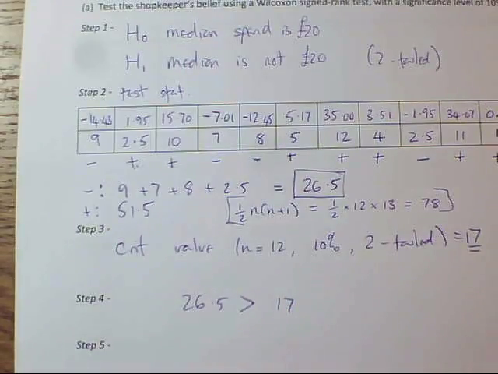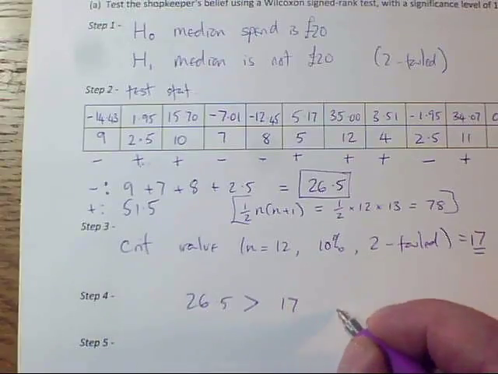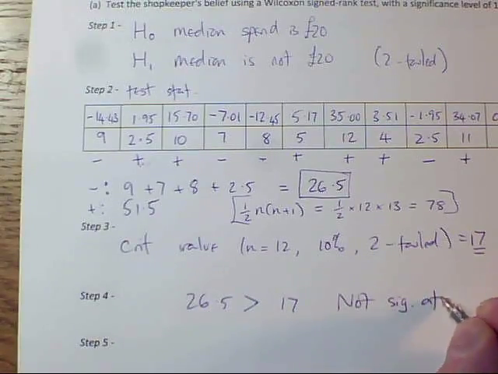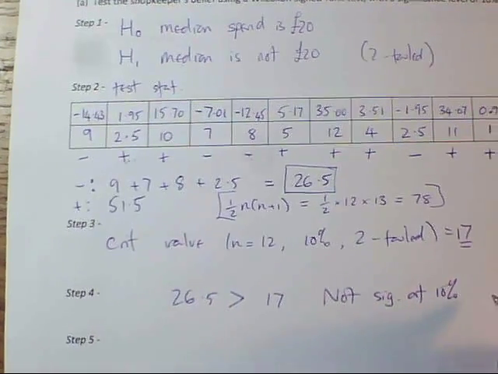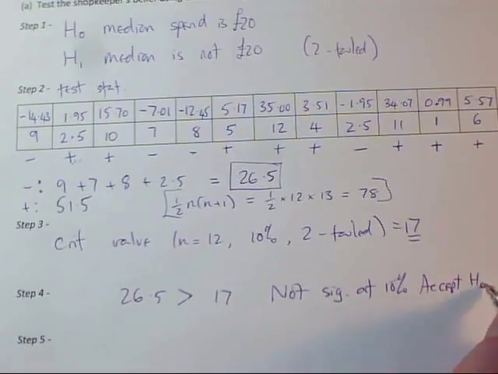Is it significant or not? Well, we're looking at the lower tail here, so it would be a significant answer if my lower total was so low that it actually got into this tail, but it's not that low. It hasn't succeeded in being significant, so this is not significant at the 10% level. So we are still going to accept H0.